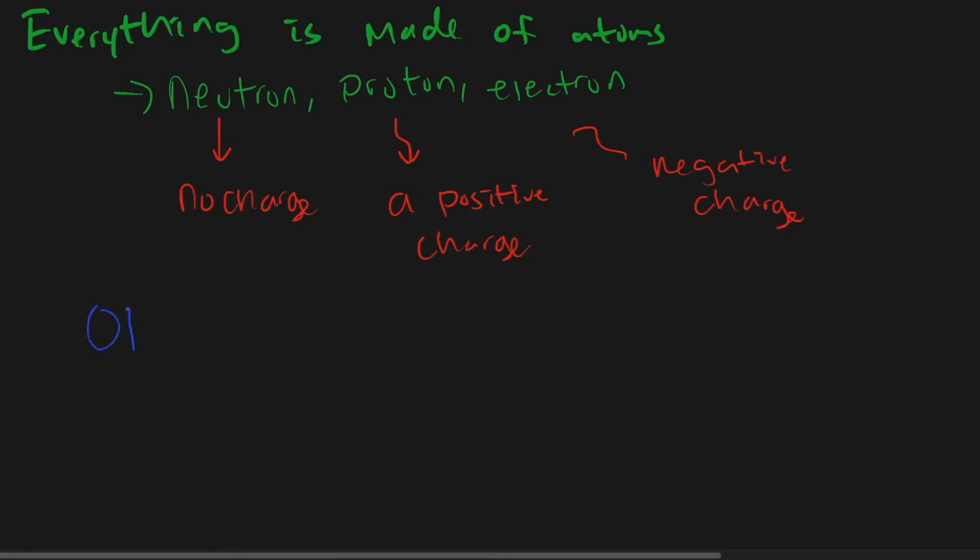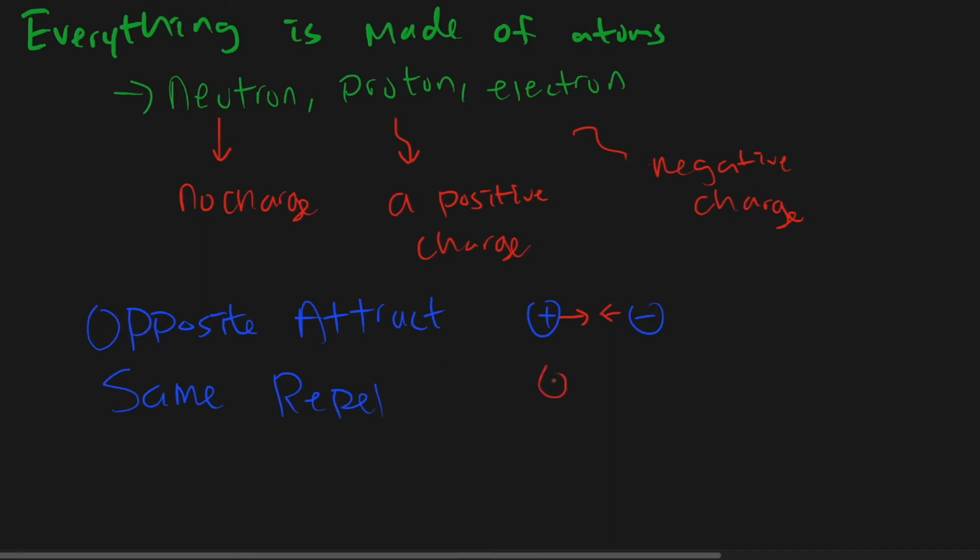Opposite attract, same repel, right? If you have a positive charge and a negative charge, they're going to attract each other. So the positive charge will have a rightward force, and the negative charge will have a leftward force.